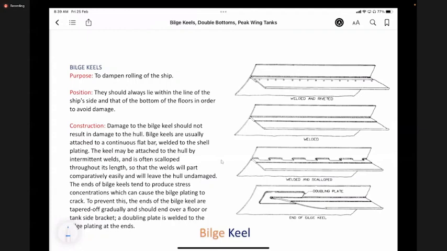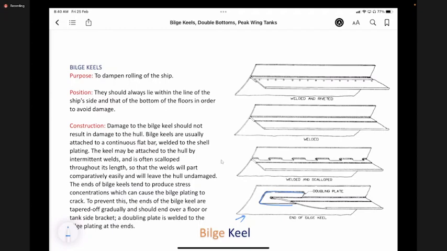Okay, we have another plate. This other plate is called a doubling plate. Doubling plate means it is just another plate which is added, because in that particular region we have two plates. We call the other plate a doubler plate or a doubling plate or simply a doubler.